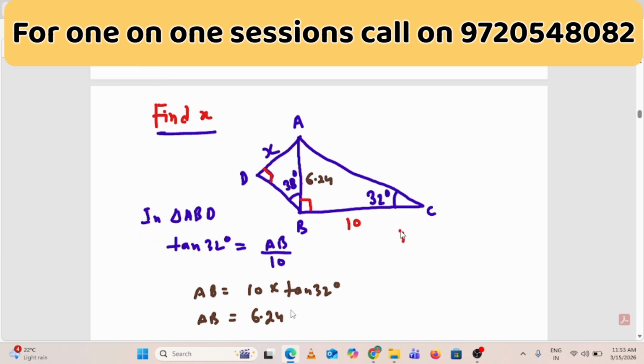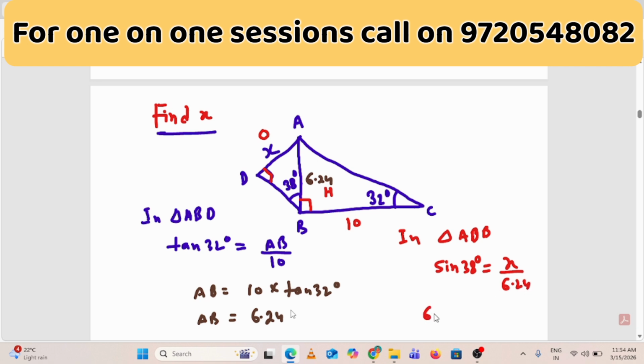Now in triangle ADB, I have opposite, and in front of 90 degree, this 6.24, that is hypotenuse. Correct? So I will use sine. Sine of 38 degree is equal to x upon 6.24.